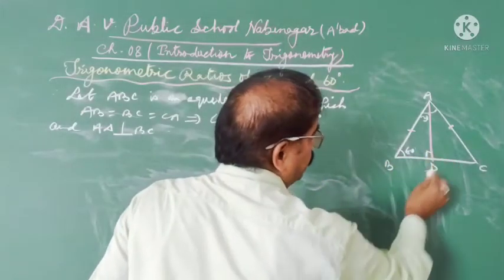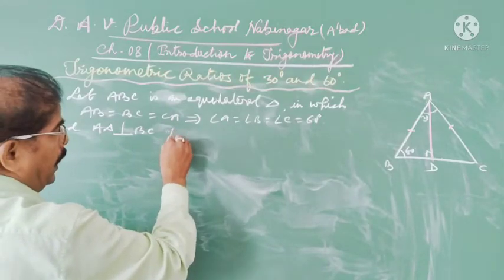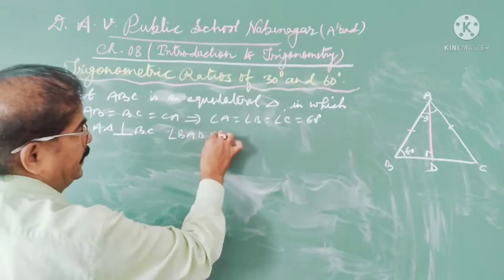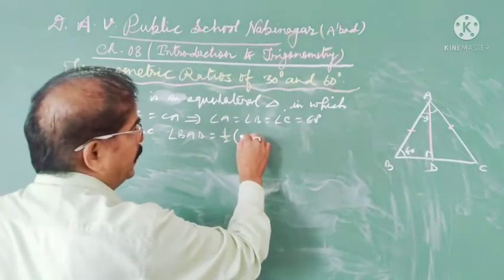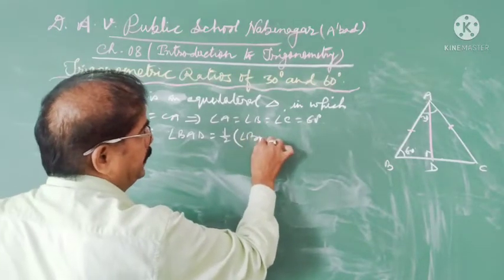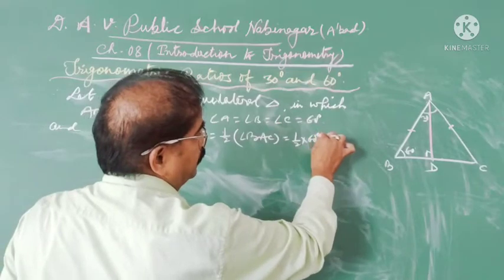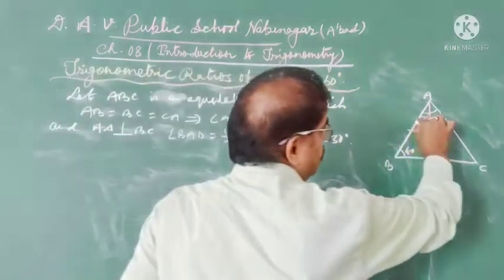So angle BAD equal to half of angle BAC, that is 1 by 2 into 60 degree, that is 30 degree. This angle is 30 degree.